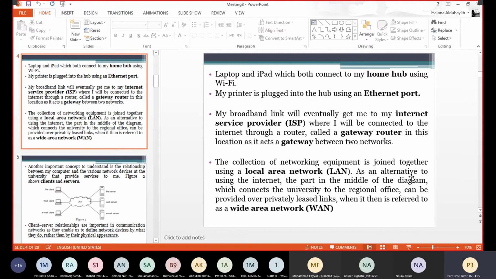We have a gateway router. We have a local area network. We have a wide area network, which is a bigger network that covers a wider area like a whole city, whereas a LAN can cover a building, a home, a school, a company, while a wide area network can cover a whole city.